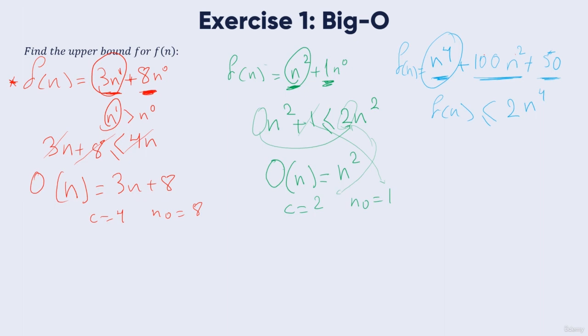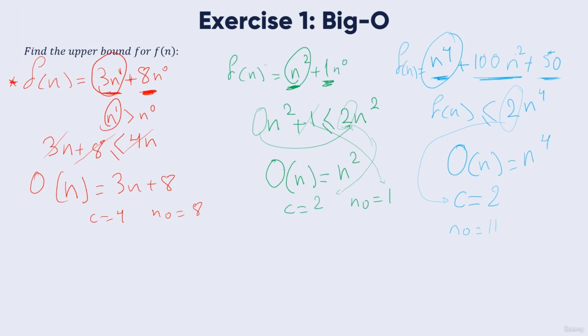And n to power 4 here is the highest term. So O of n of this function is n to power 4. The constant c is equal to 2, because we have added 1 to the 1 that multiplies n to power 4, and n0 is equal to 1.